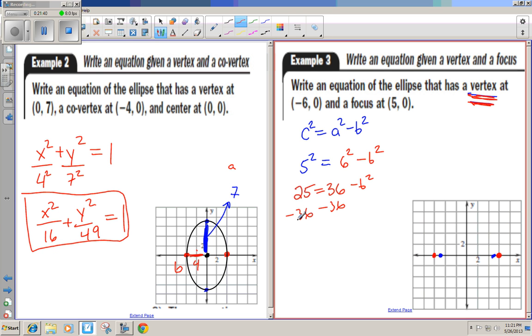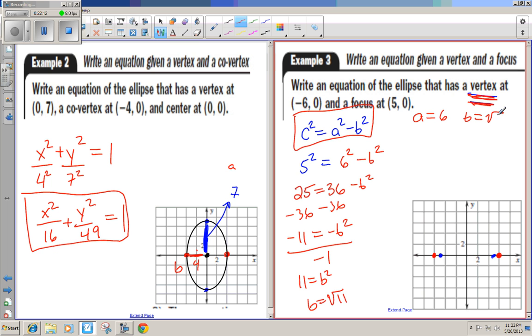So when you subtract 36 from both sides, you get -11 equals -b squared. So you divide everything by -1, 11 equals b squared, and your b value is the square root of 11.